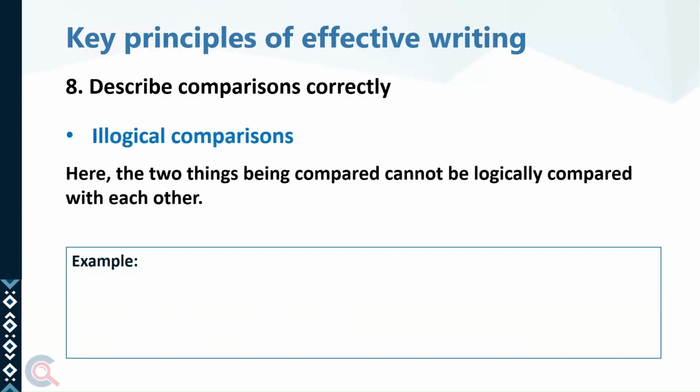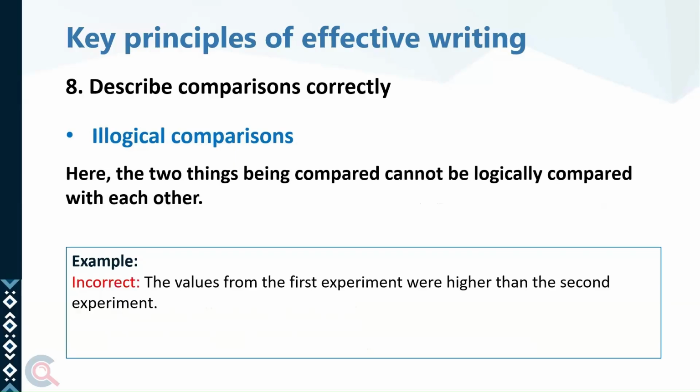There are also illogical comparisons, where two things are being compared but are not logically comparable to one another. For example, "The values from the first experiment were higher than the second experiment." This statement may sound correct, but it is not, because we cannot compare values and an experiment.